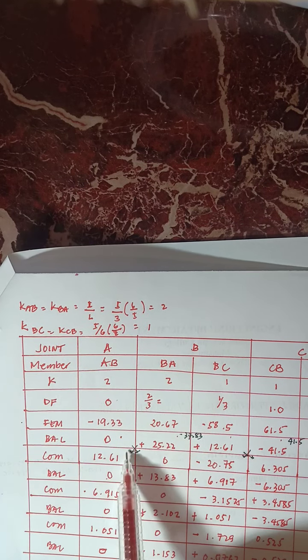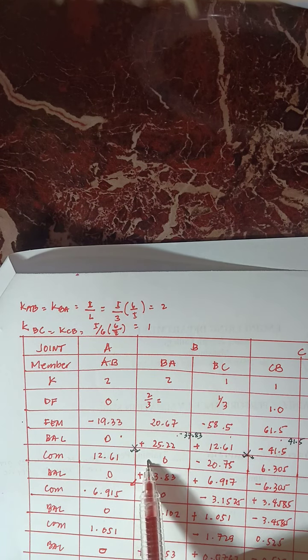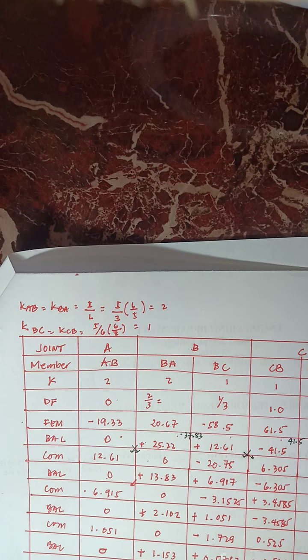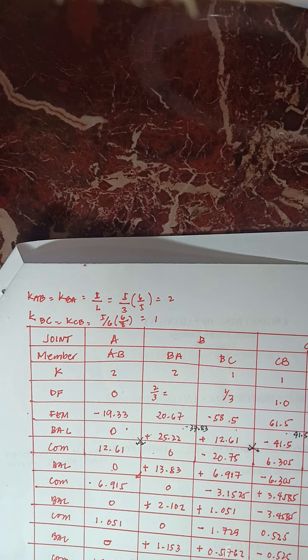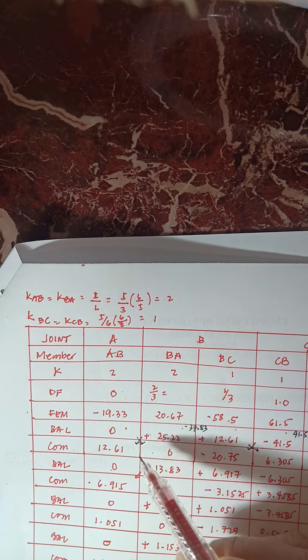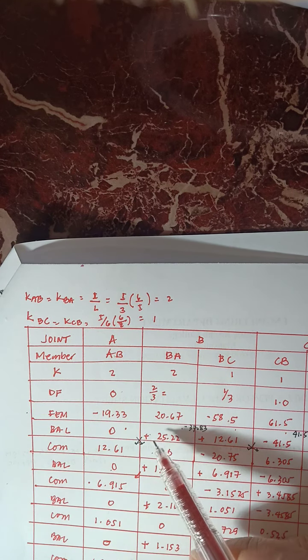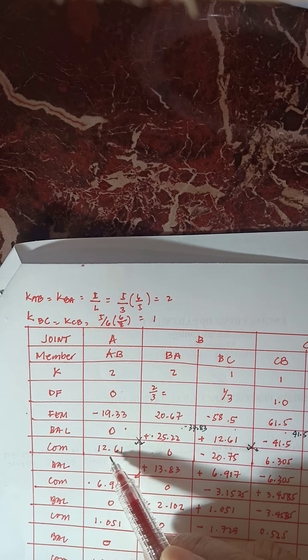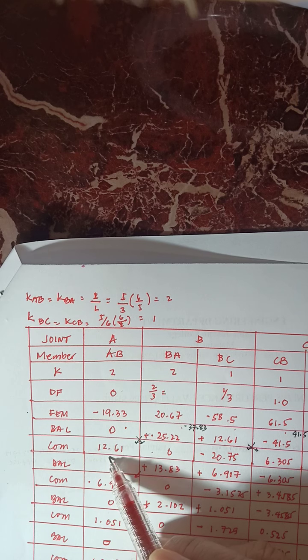So AB gives to BA and BA will give to AB the same sign but 1/2 the amount. So the 25.22 in BA gives to AB 1/2 the amount, 12.61.